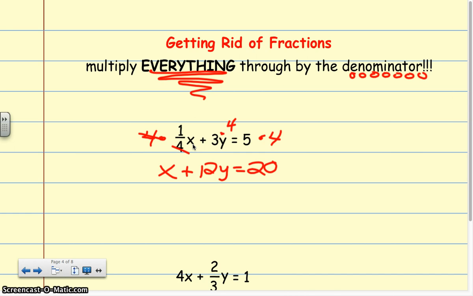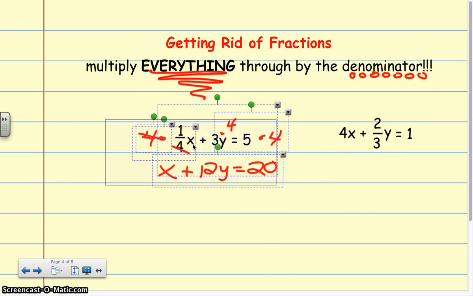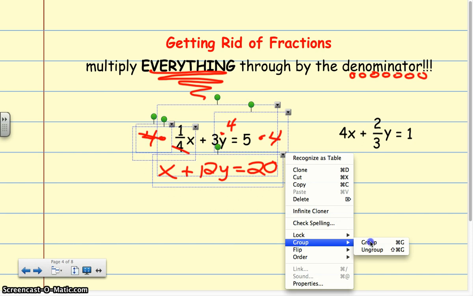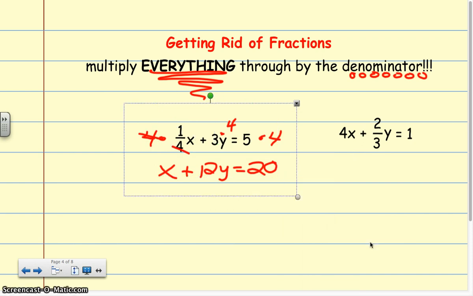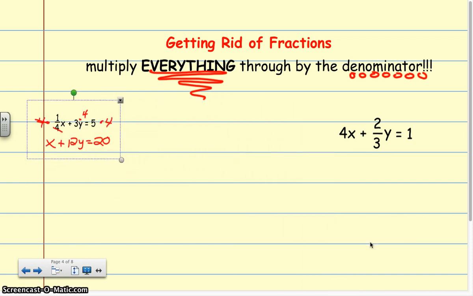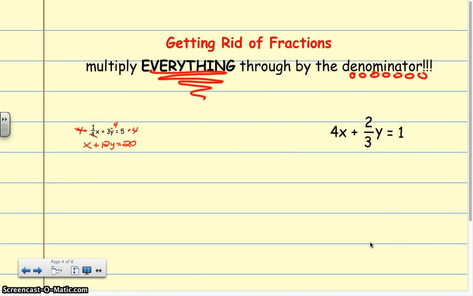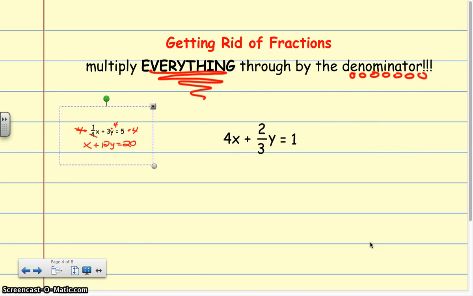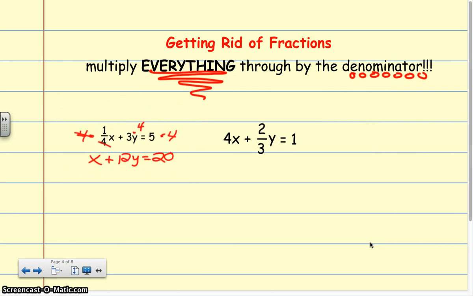I'm going to have you do another example. All right, 4x plus 2/3 y equals 1. What do I need to get rid of? The 3. I have to get rid of the 3. So how do I get rid of the 3?